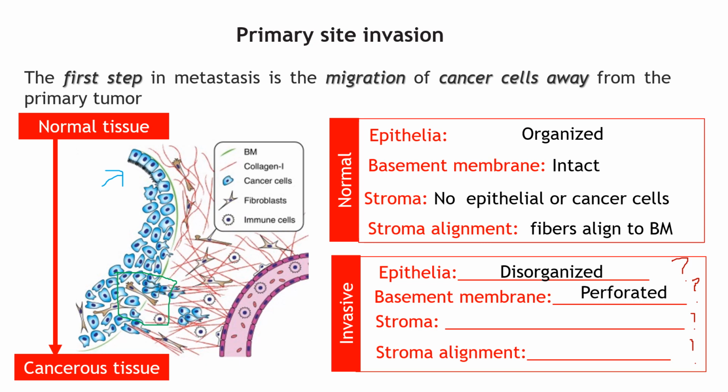So it's perforated, and we have specific enzymes that can break those basal membranes, which we will study. The stroma, here in red, is a mix between stromal cells, the collagen, immune cells, and here you have the cancerous cells.